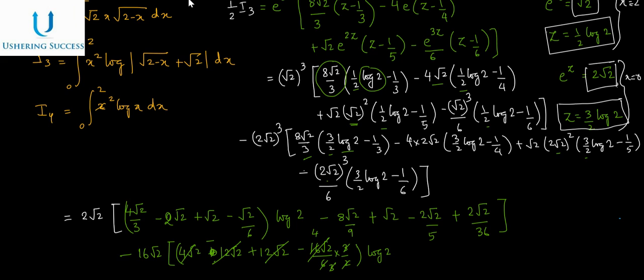And I get the constant terms now, so 8 root 2 by 3 into minus 1/3, so minus 8 root 2 over 9, and then I have minus 8 root 2 into minus 1/4, so plus 8 root 2 over 4 becomes 2 root 2, and then I have 2 root 2 whole square is 8 root 2 into minus 1 by 5, so minus 8 root 2 by 5, and then finally I have 2 root 2 whole cube, which is 16 root 2 by 6 into 1 by 6, so plus 16 root 2 into 1 by 36, so this simplifies to 4 root 2 by 9.